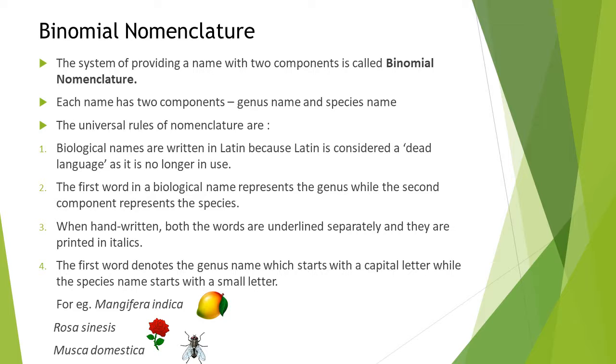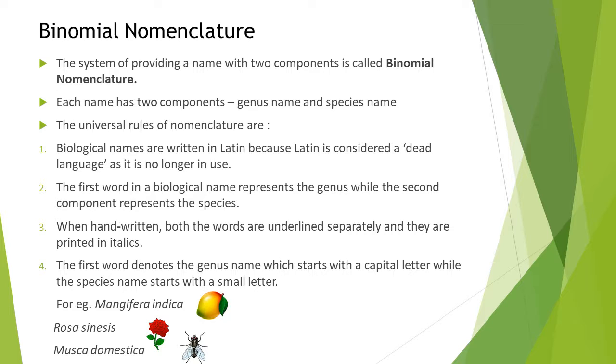Rule number 2. A scientific name has two components. The first component is the genus name and the second component is the species name. For example, the scientific name of mango is Mangifera indica. So Mangifera is the genus name and indica is the species name. Rule number 3.